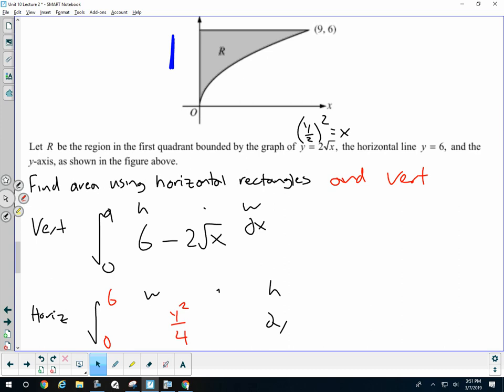We get 18 for both of them. Does anybody have any questions, or any issues with either of these approaches?